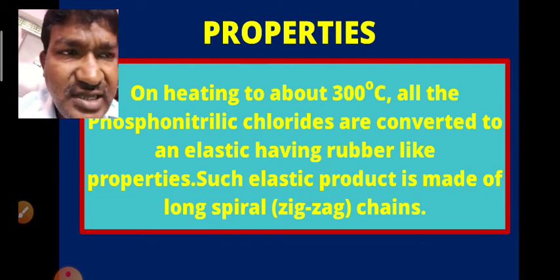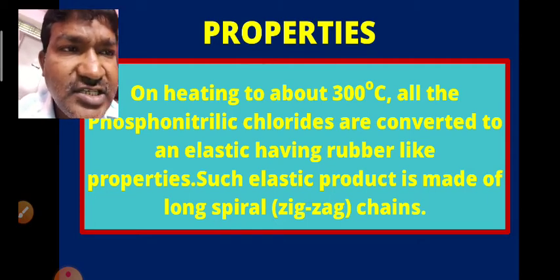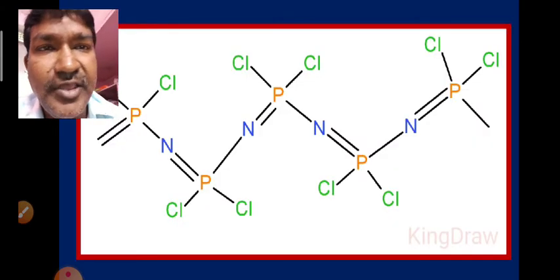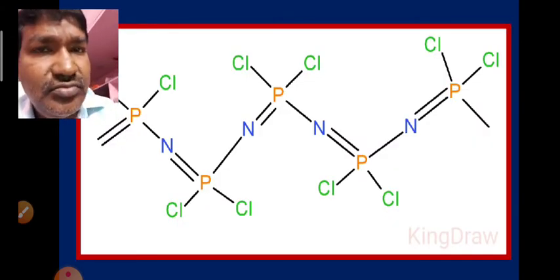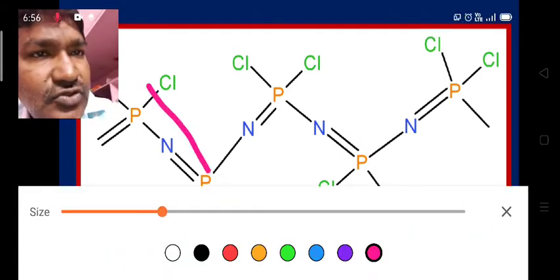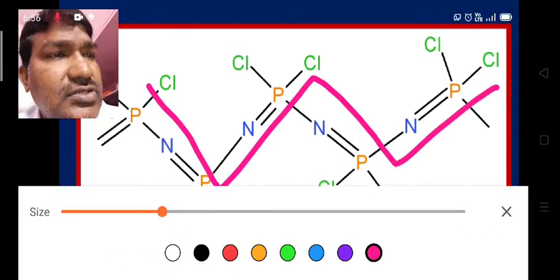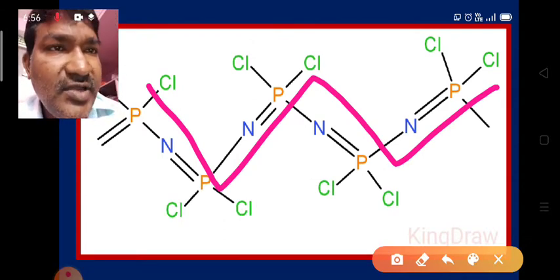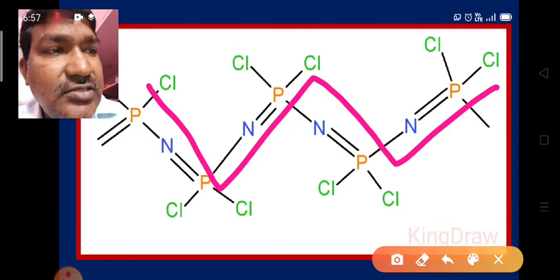But such elastic product, look here, is made up of long spiral zigzag chains. Here we can see them. So we can see the zigzag chains. So this elastic material is made up of such zigzag chains.